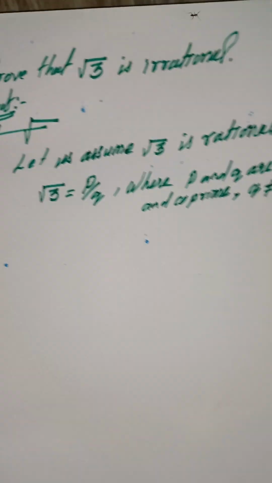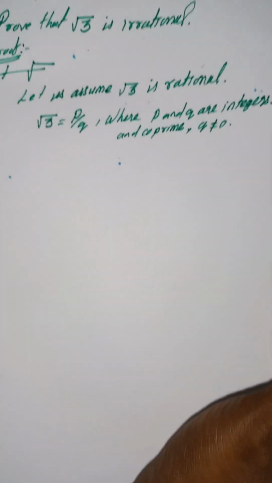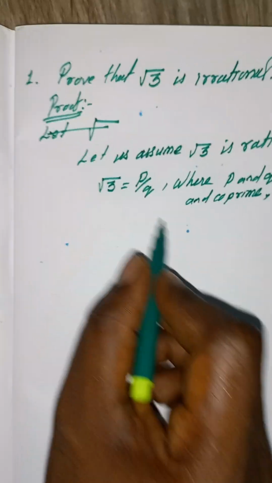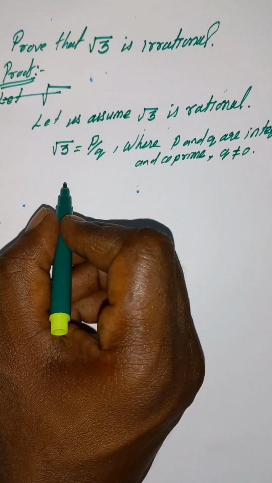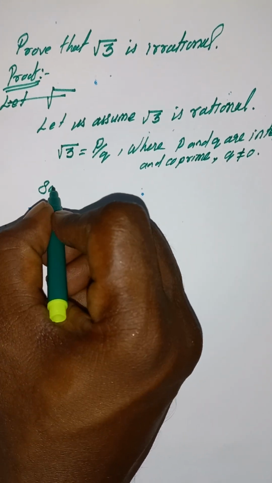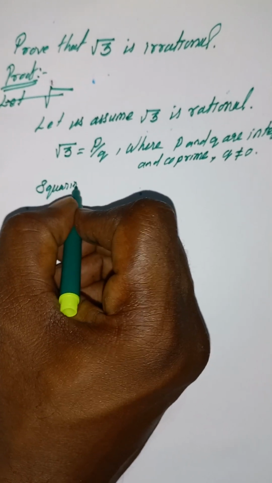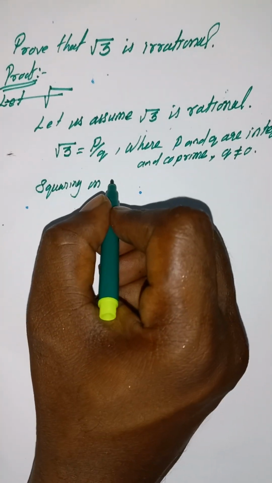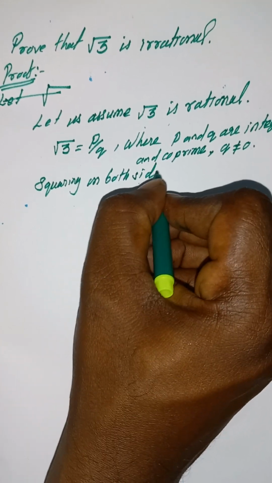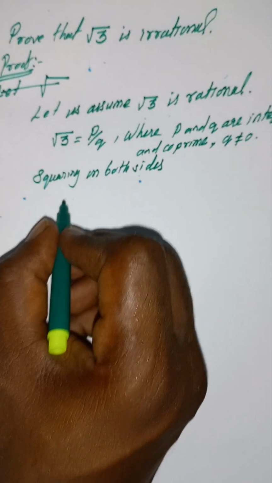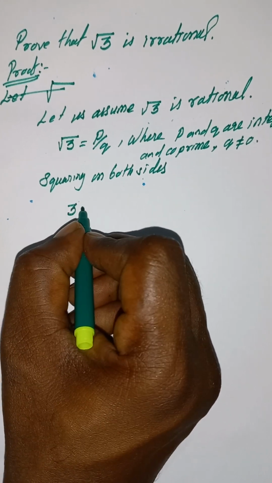Rational means we should not have a radical symbol, so we have to remove that root symbol. For that we have to square on both sides. If you square, the root will be cancelled.